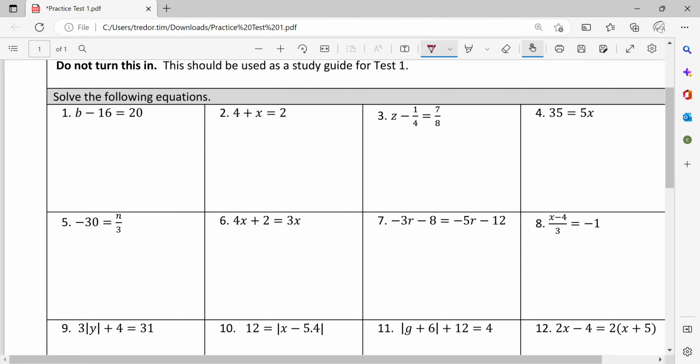I've got b minus 16 equals 20. The objective when you're solving any equation is going to be to get the unknown, or the variable, by itself. So in order to do that, I'm going to add 16 on this side. The reason I do that is because adding 16 to a minus 16 would give me 0.